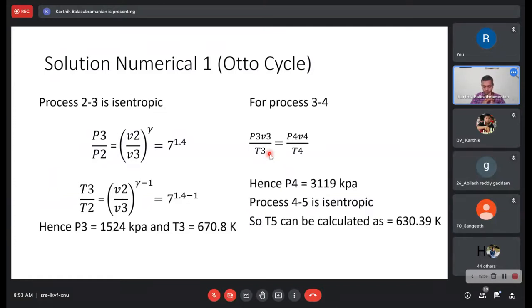What is T5? Are you guys getting 630 Kelvin or 631, whatever?